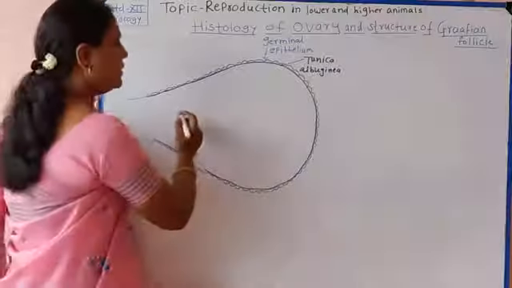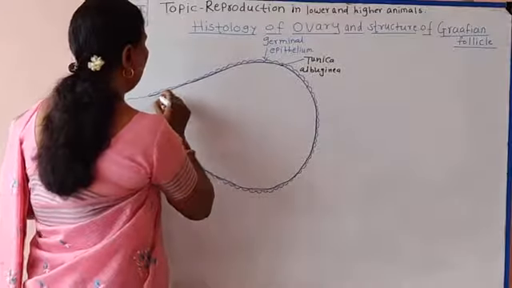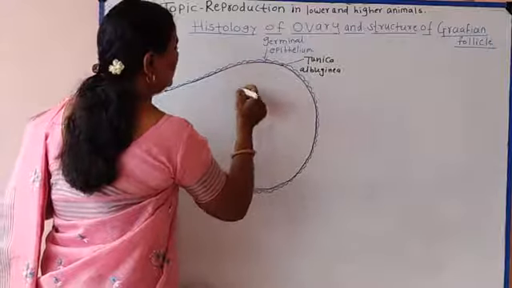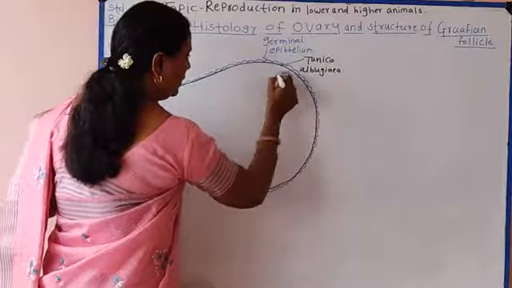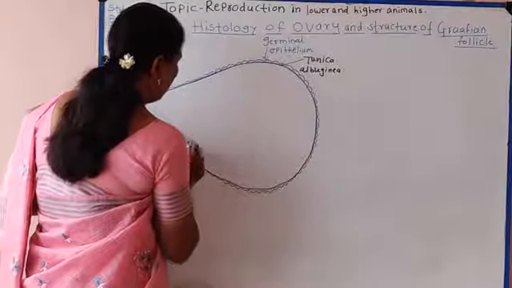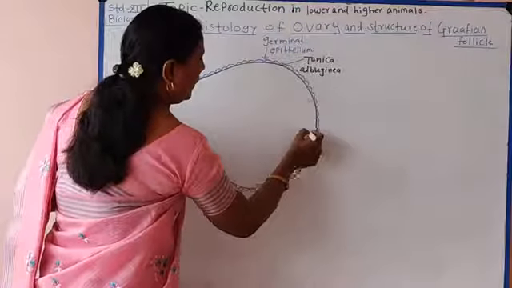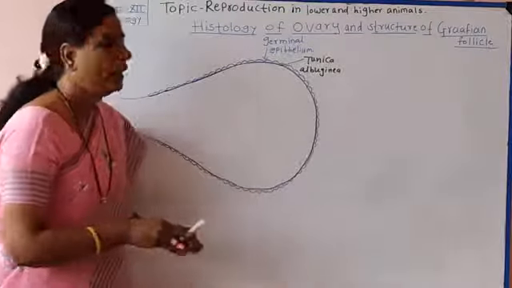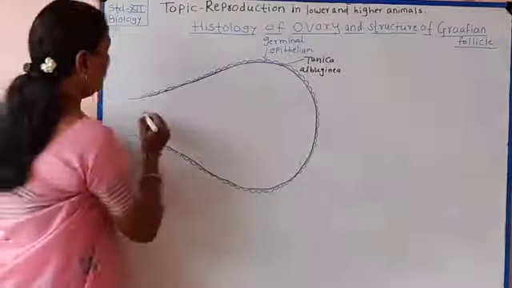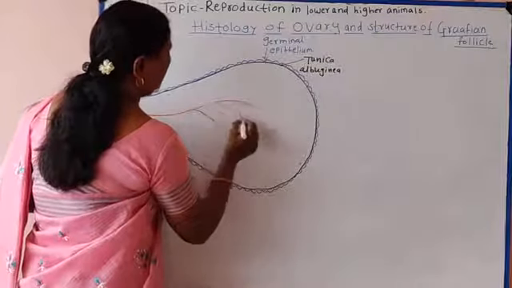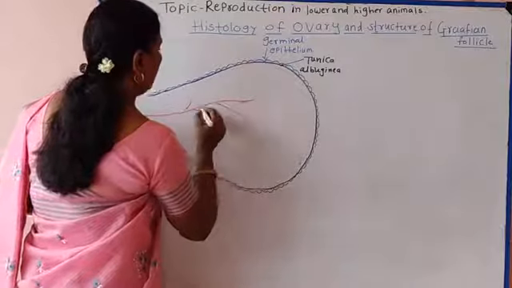Now this stroma is divided into the outer part, that is the cortex. This is the cortex region, outer layer. This is the cortex part, and inside there is the part of stroma that is called as the medulla, in which the blood vessels and nerve fibers are present.